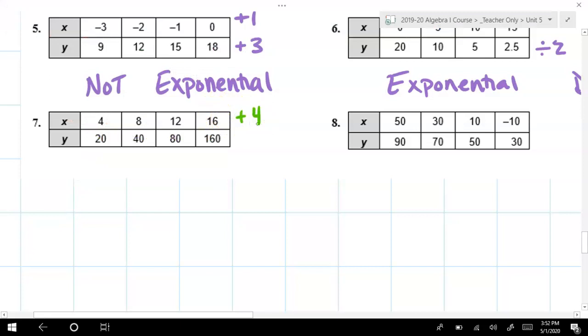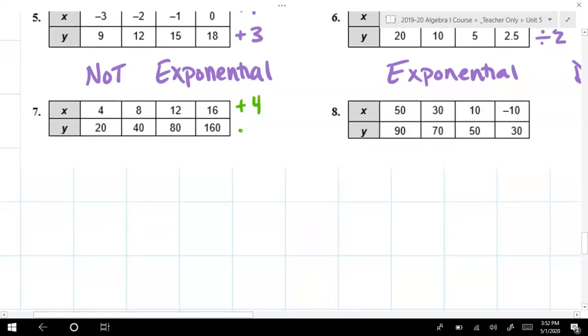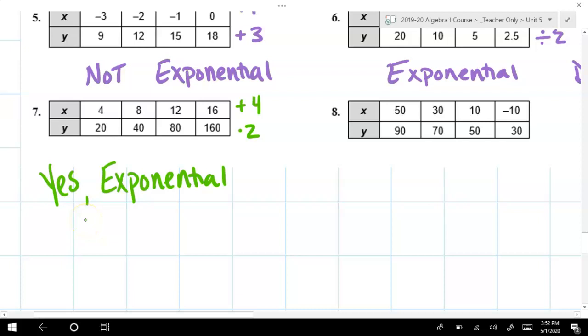X's, it looks like we're adding 4 each time, and the y's are doubling. So this is exponential. And it's growing.